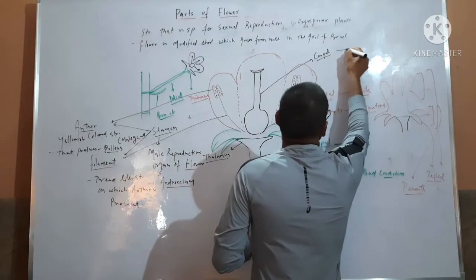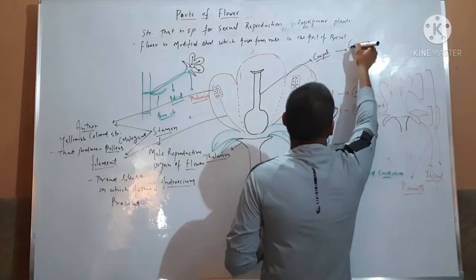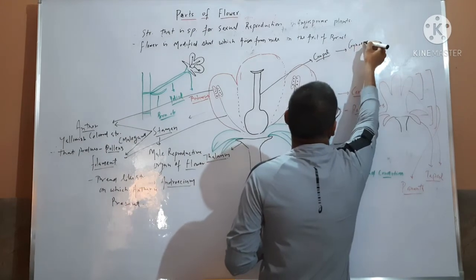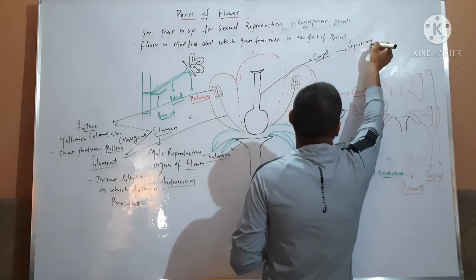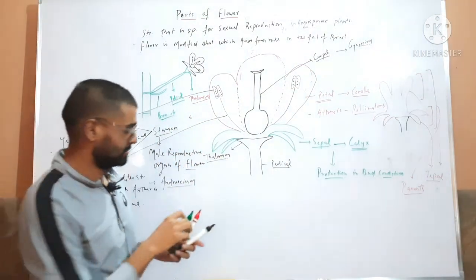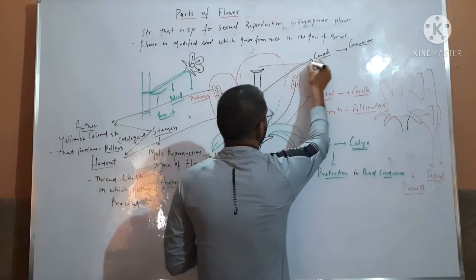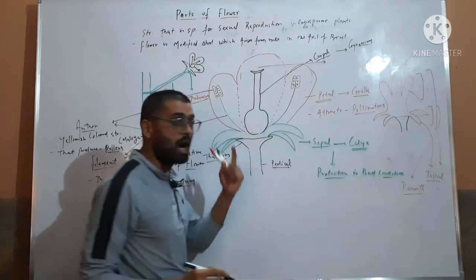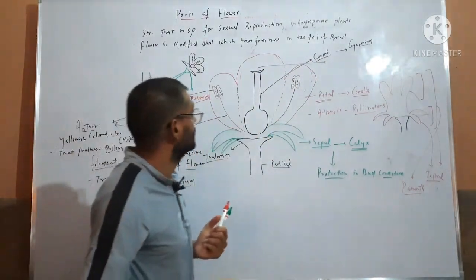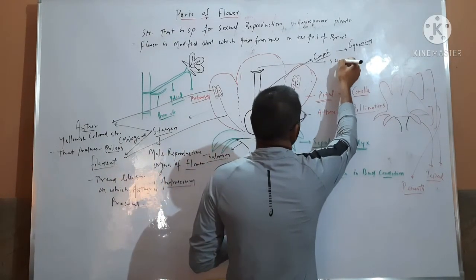The last whorl is carpel. All the carpels that are present in a flower are called gynoecium. So the carpel consists of three parts. The flat outermost part is called stigma.